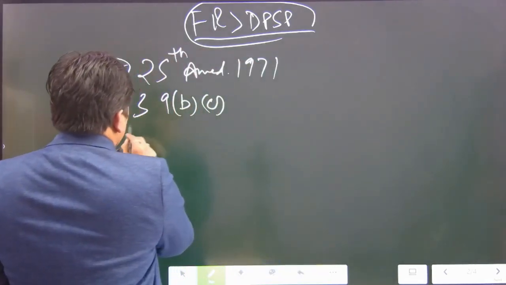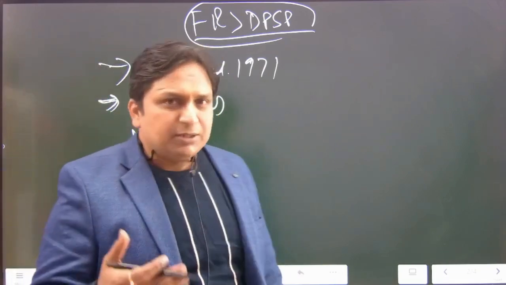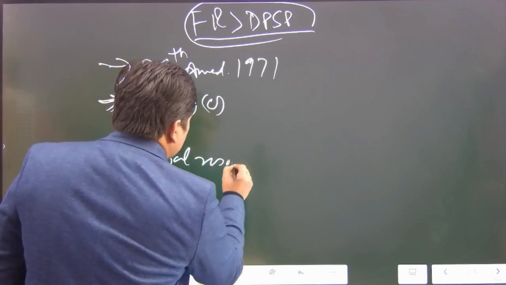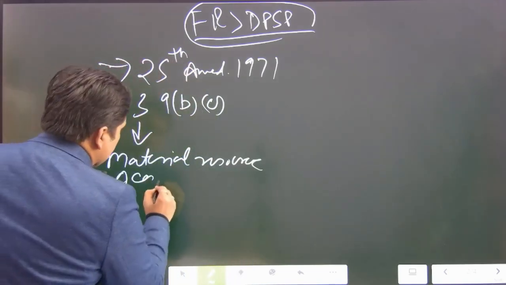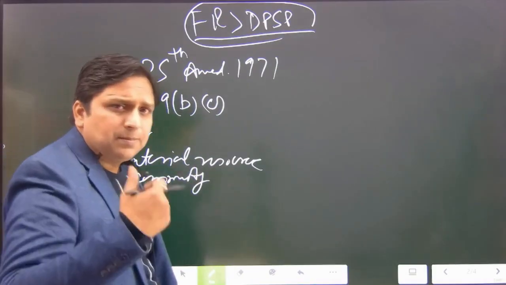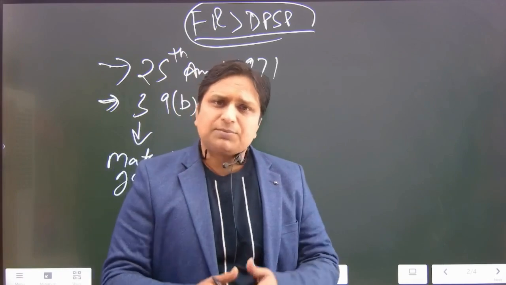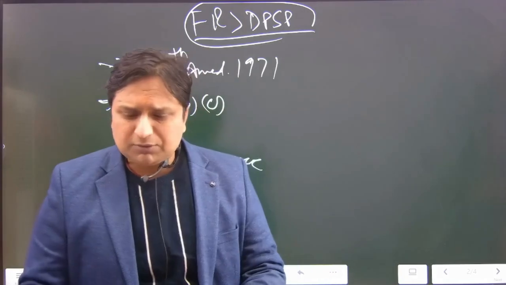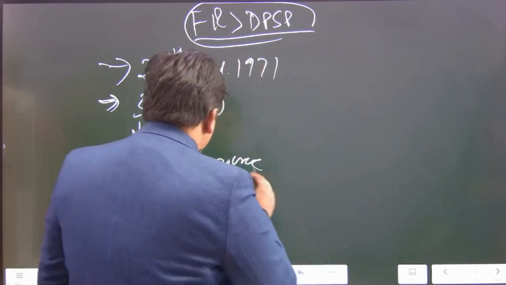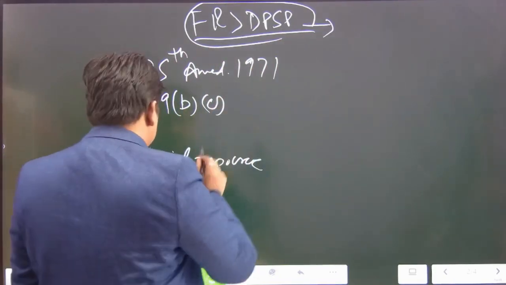What do 39B and C talk about? They say that if there is some material resource of the community which can be taken by the government in order to subserve the common good of the society and citizens of India, then we can give precedence to DPSP over the fundamental rights.